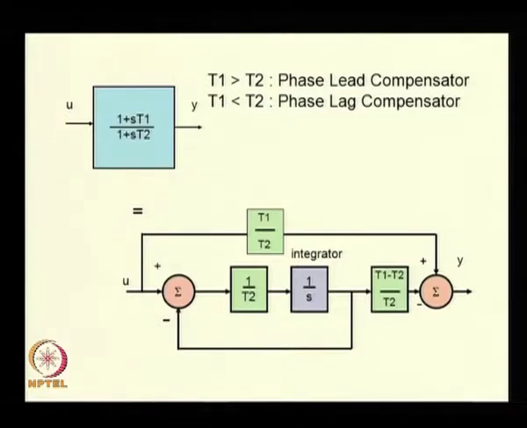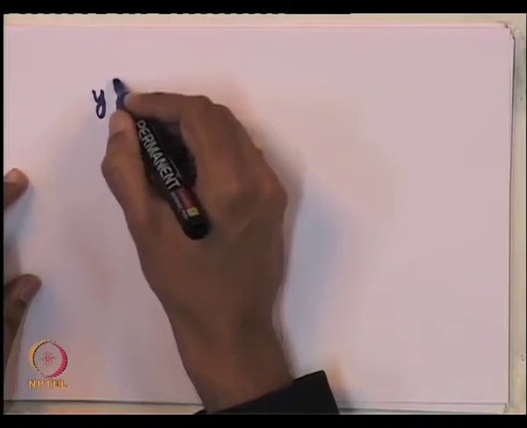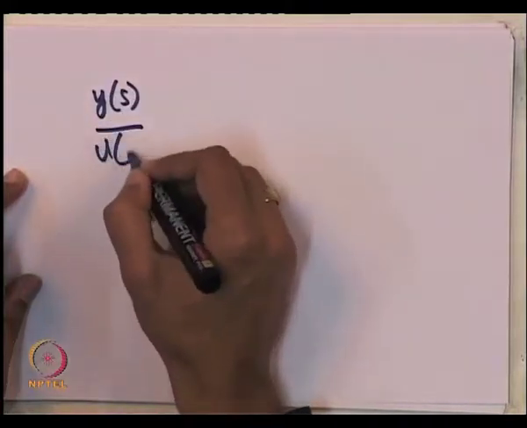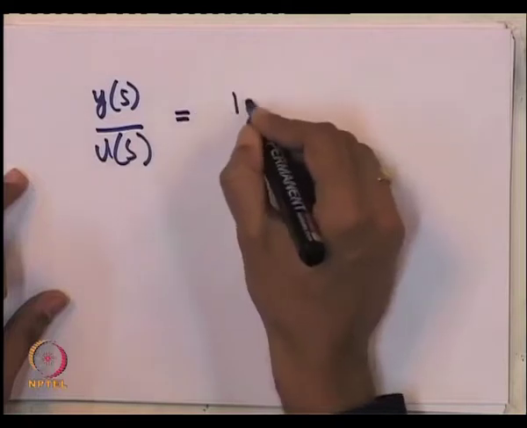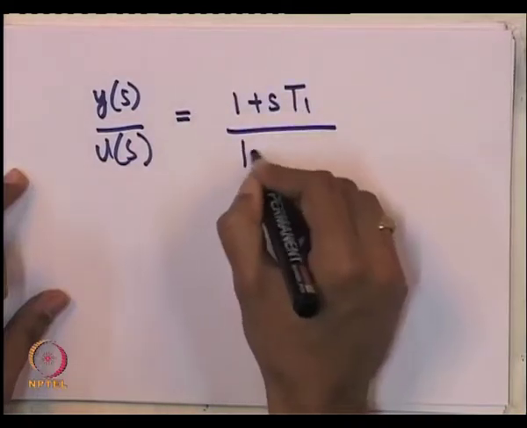The block diagrammatic representation is given below here. This compensator could be a lead or a lag compensator depending on the relative values of T1 and T2, and is encountered quite often in practice. Now, if you look at how we got this block diagram, the transfer function y(s) by u(s) is 1 plus sT1 upon 1 plus sT2.